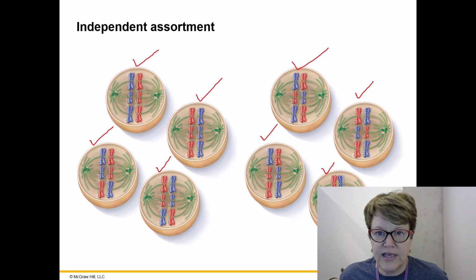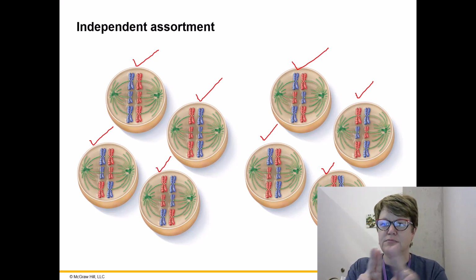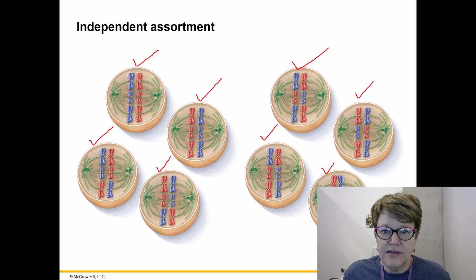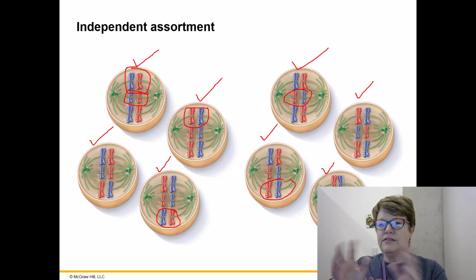And what I mean is, they're colorizing the chromosomes, like the blue one and the red one of the same type. The long blue and the long red can line up such that the long blue is on the left and the long red is on the right, or it can go the other way. And that has no impact on how the short chromosomes line up. Is the blue on the left or the right for the short chromosomes? And that has no impact on this other pair that can line up with the blue on the left or the blue on the right. So all of these things are possible.